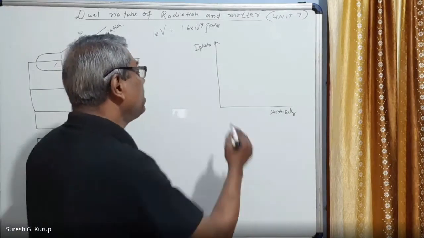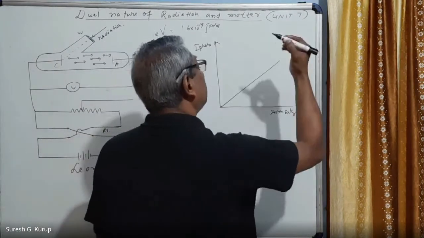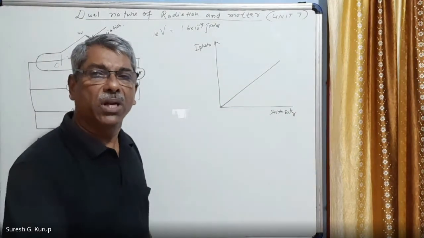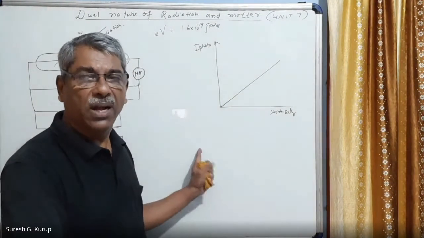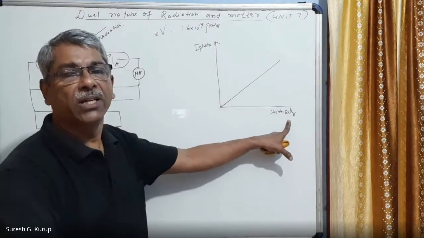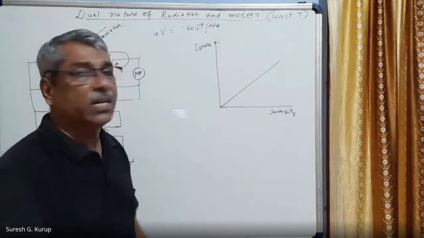Then it is seen that the photoelectric current goes on increasing while the potential given to the anode plate and the frequency are constant. If we increase the intensity of radiation, it is seen that intensity is directly proportional to current.